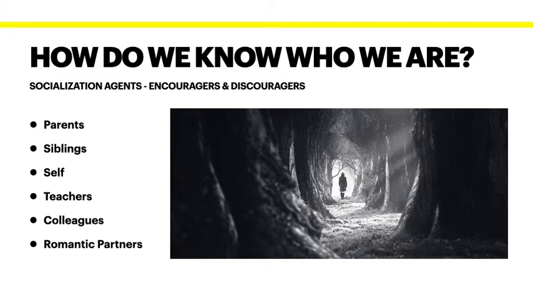We also can get this from romantic partners, that the people that we date help us define who we are in that type of relationship setting. And so all of these socialization agents are working outside of us. Remember, the social self is what we create from the opinions, or even the belief of opinions, from people on the outside. Your brother may never say that he thinks this about you, but if you think that your brother thinks this about you, that can have an effect on who you are and how you're fitting in.